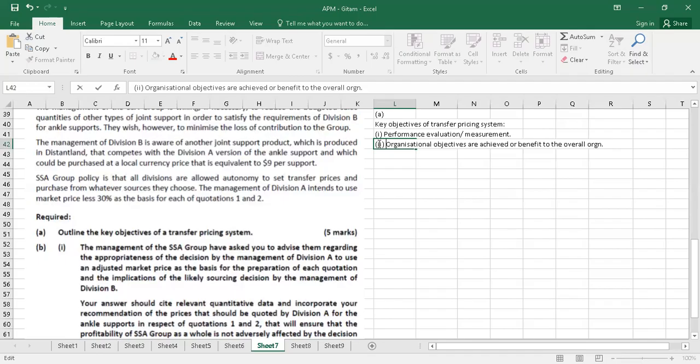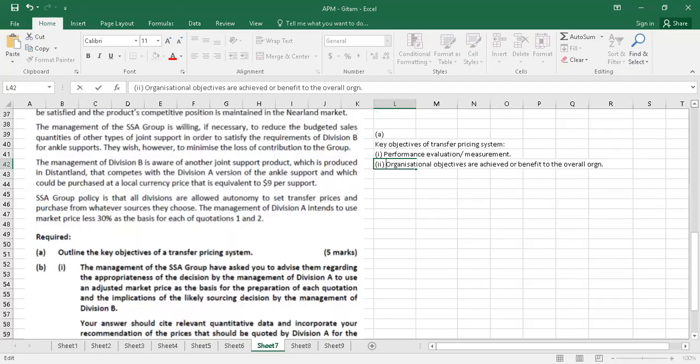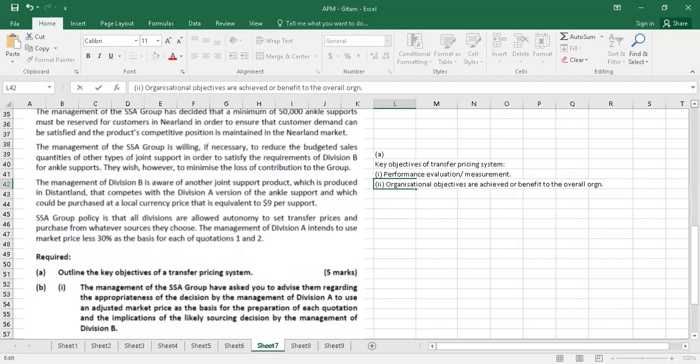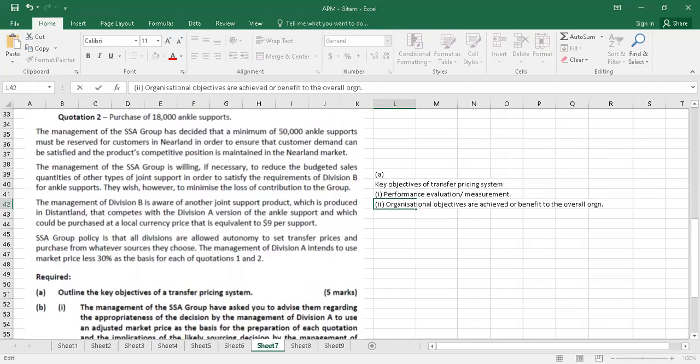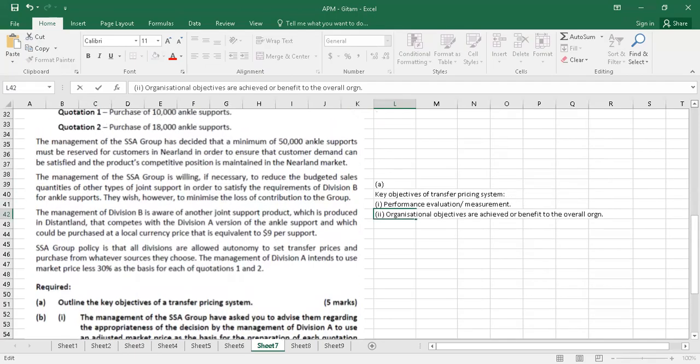Okay. Now, one important point, it is also mentioned in the case study. SSA group policy is that all divisions are allowed autonomy to set transfer price.